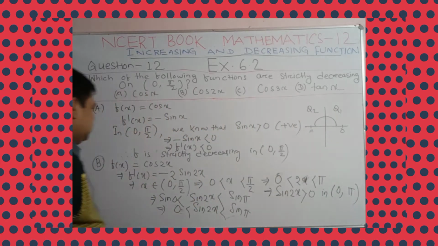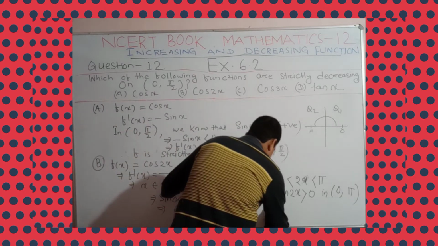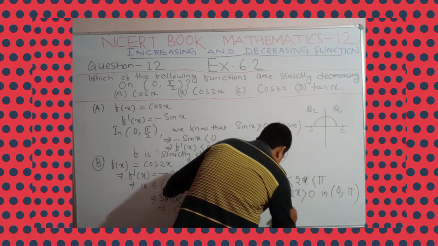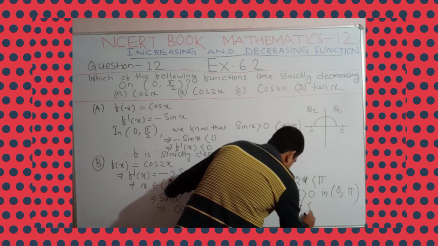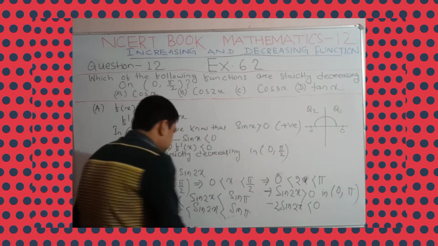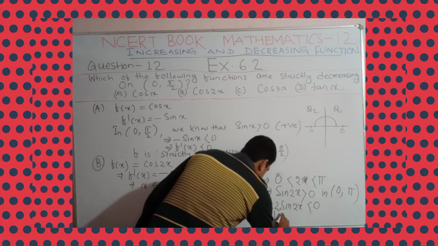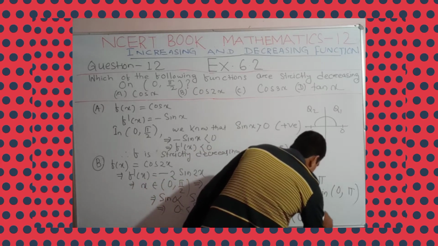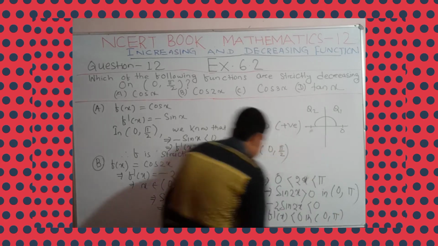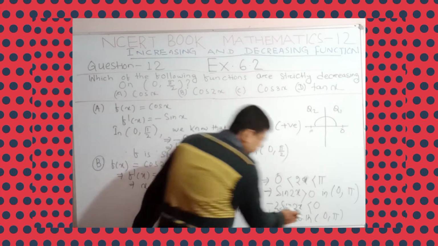If sin 2x is greater than 0, then minus 2 sin 2x will be less than 0. So f dash x is less than 0 in the interval 0 to pi.